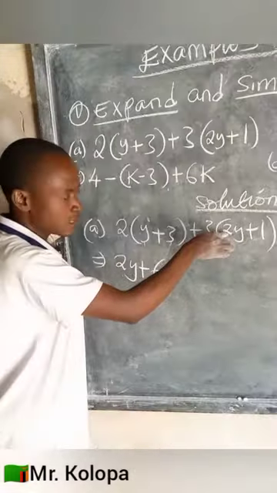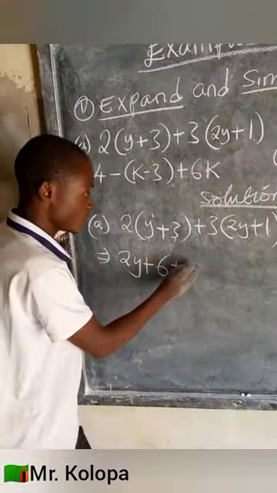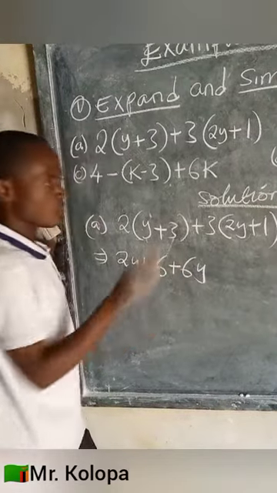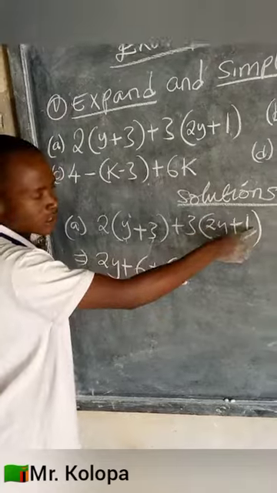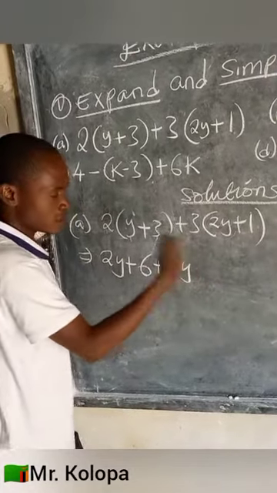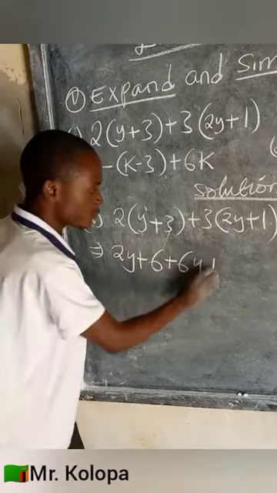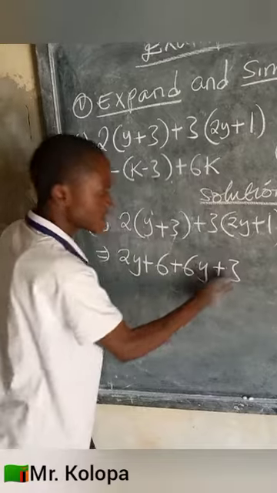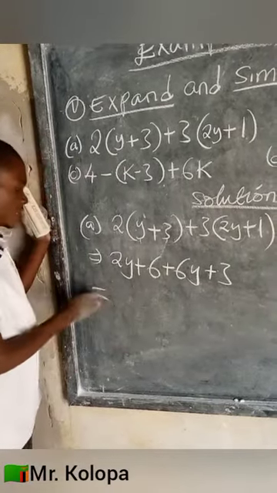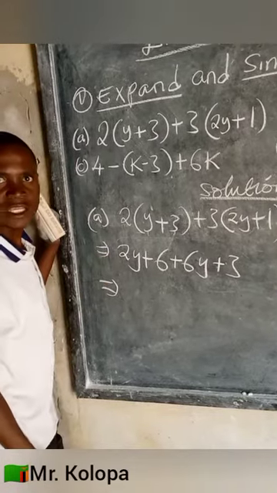Positive 3 times 2y, you get 6y. Then positive 3 times positive 1, that will give you what? If you check the multiplication in the previous lesson that we had, positive times positive is positive. 3 times 1 is 3. Then we have reached the stage where you have a mix of like terms and unlike terms.